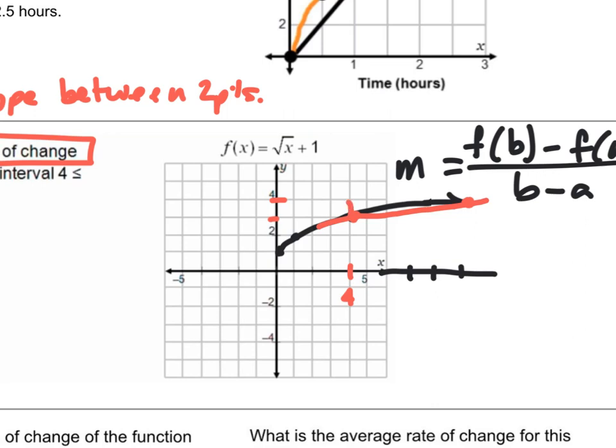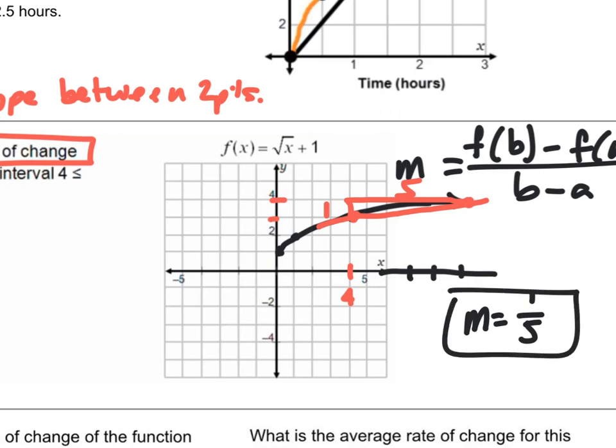Well, I can go up 1 and over. I go up 1 and then over from 4 to 9 is a measure of 5. So my average rate of change, my slope, is going to be 1/5. That's my average rate of change between those 2 points.